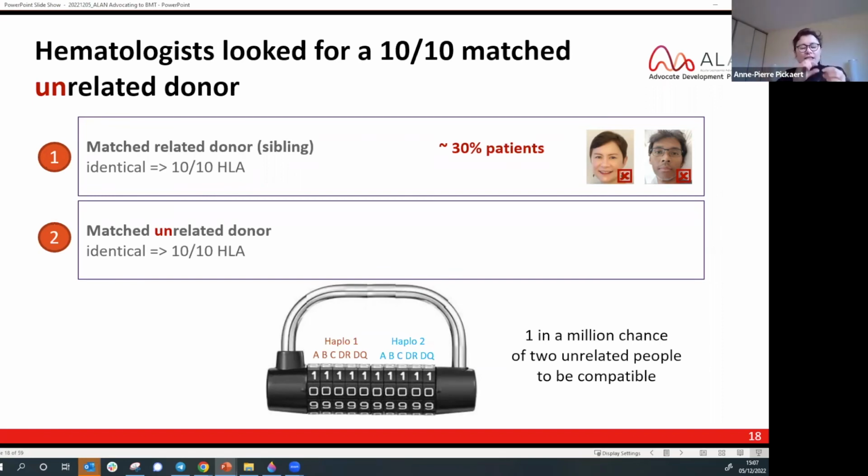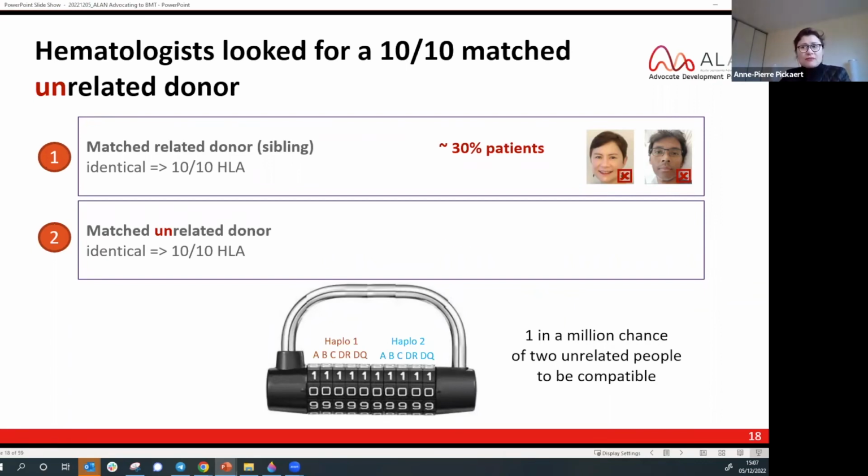For each item, the HLA A, B, C, then the DP, DQ, DR, you need to match on all of these with someone in the world who has registered on one of the bone marrow donor registries. And it's not easy, because the probability, for example, that Samantha and I would be a match is 1 in a million, because we need to have that same identical combination to be a match. And it is really tricky.